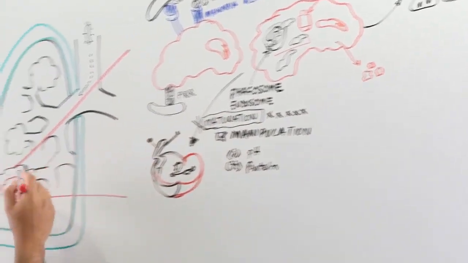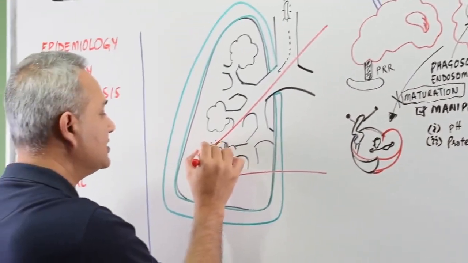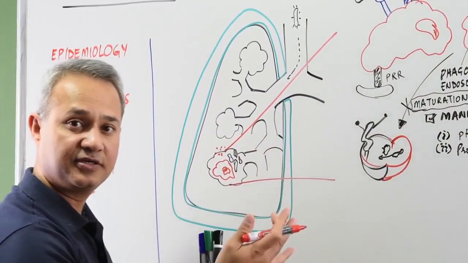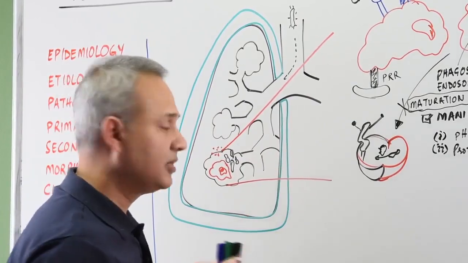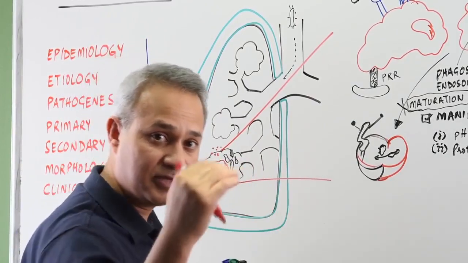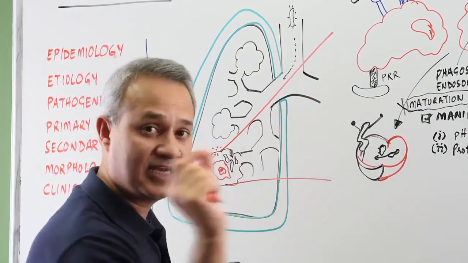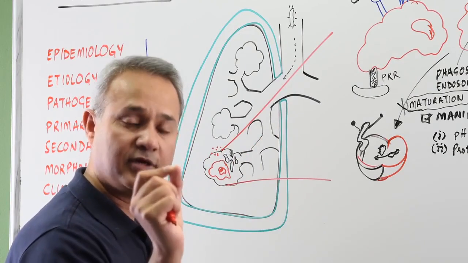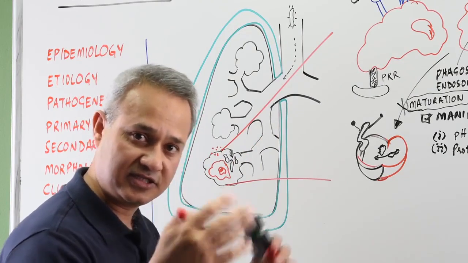So there will be broken pieces of the pathogen released. Normal function. Keep them in mind. Number one, there are antigenic parts of the broken pathogen or mycobacterium released in the interstitium.